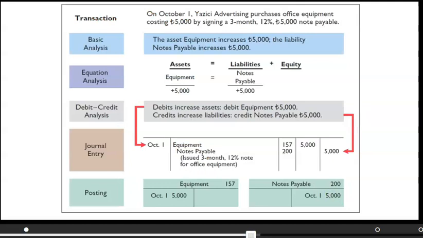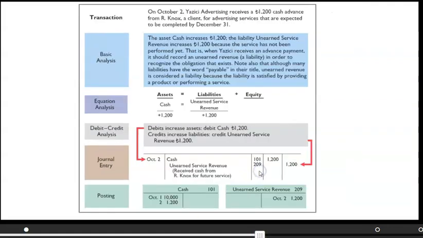Then we bought office equipment. The journal entry, debit equipment goes up. And I gave a note in this case, so my liabilities go up, a credit to the liability. And again, post to the ledger and keep an ongoing balance of that ledger. Then we receive $1,200 cash advance for advertising services that are expected to be completed.